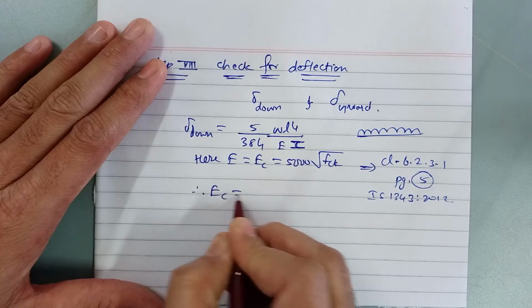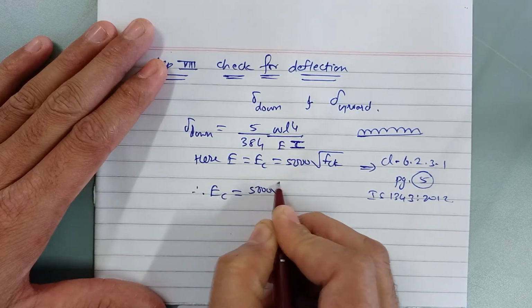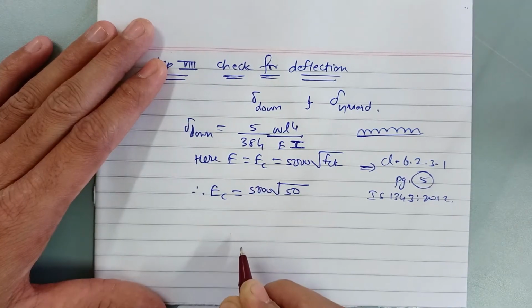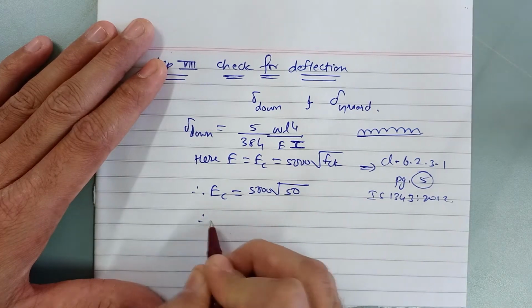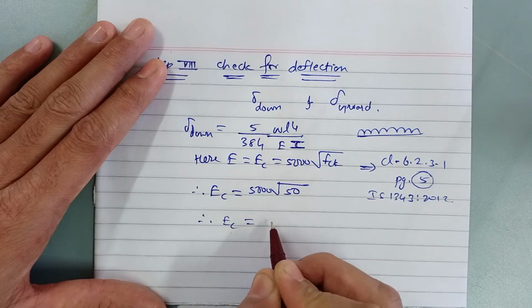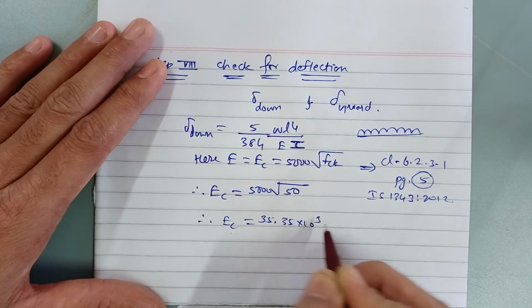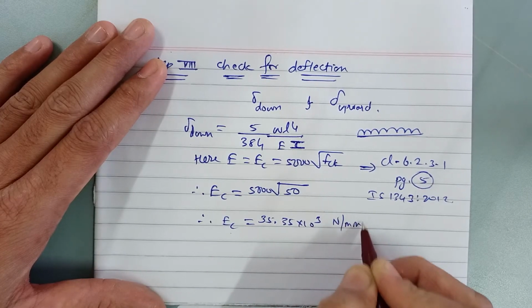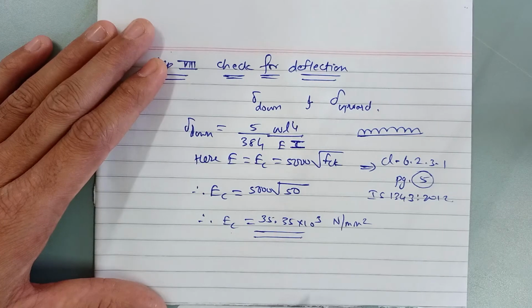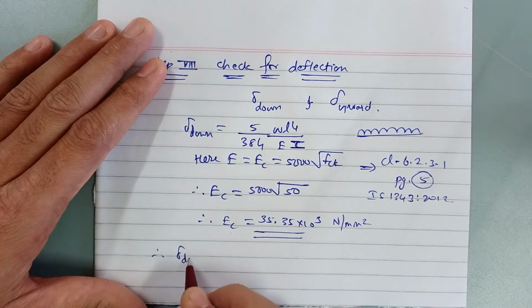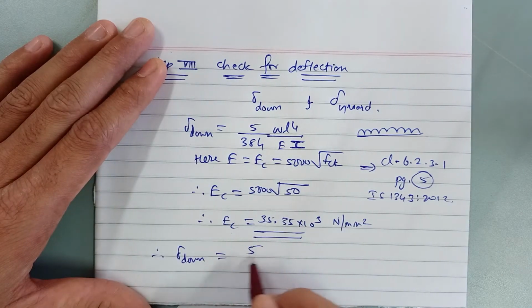Hence, by substituting values, 5000 under root FCK, where the grade of concrete is 50, hence FCK will be 50. Young's modulus of concrete is 35.35 into 10 raised to 3 Newton per mm square.